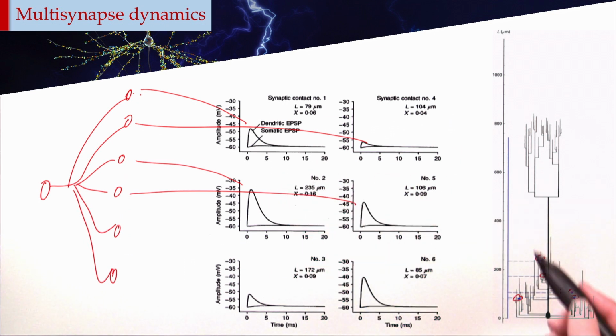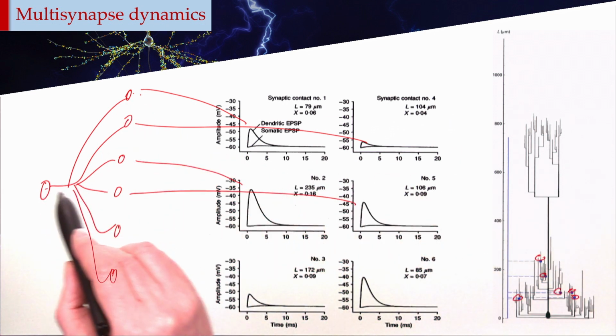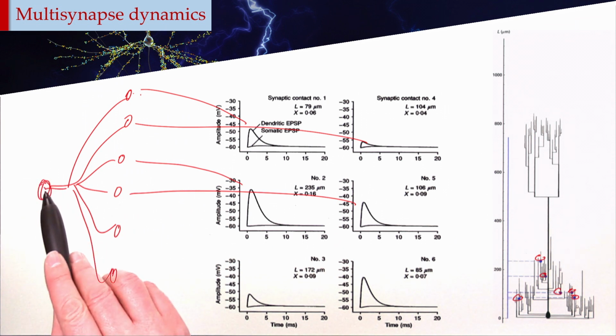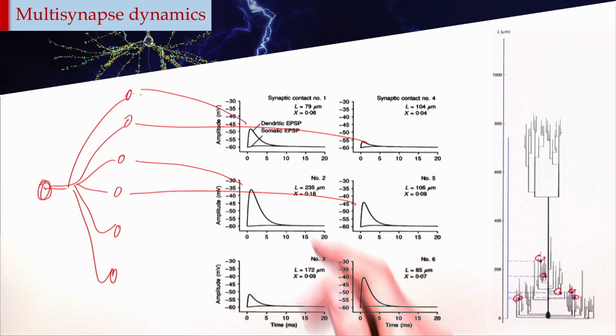So the location is very important, and one has to bear in mind that when a single neuron communicates with a cell, each of the fingers that are communicating is actually exerting a different effect on the target cell.